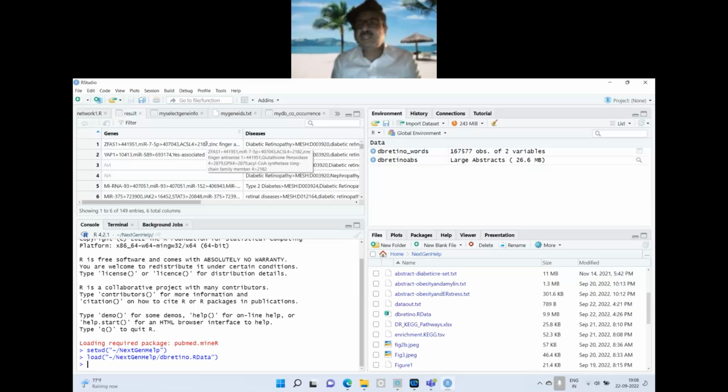So these are the genes. Even miRNA is a gene. So these are the genes which are reported in this paper.